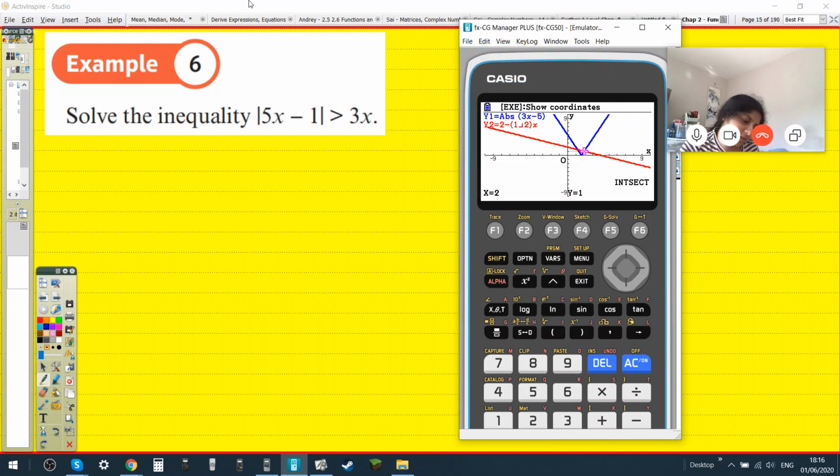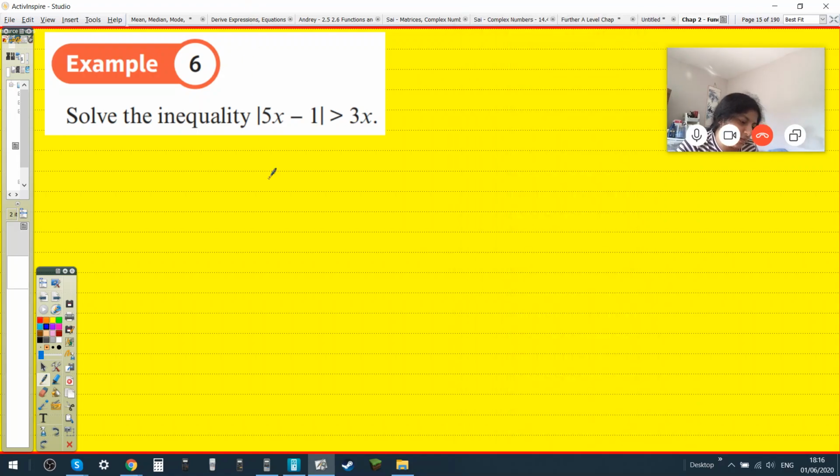And x is less than 1/8. So x is greater than a half, x is less than an eighth. You seem confident. I don't know if it's right though.